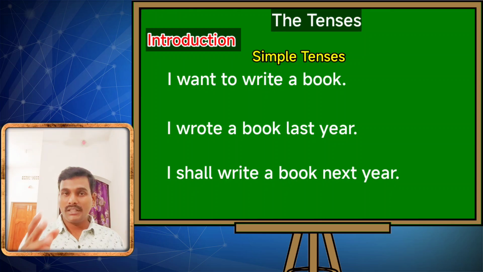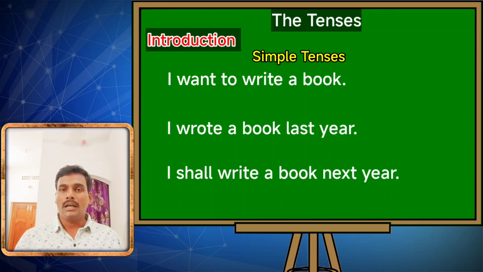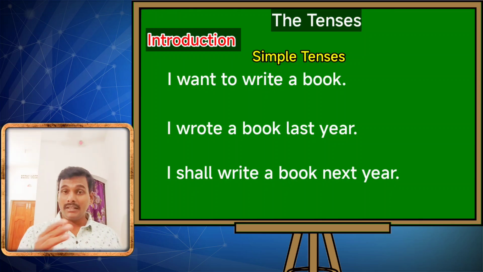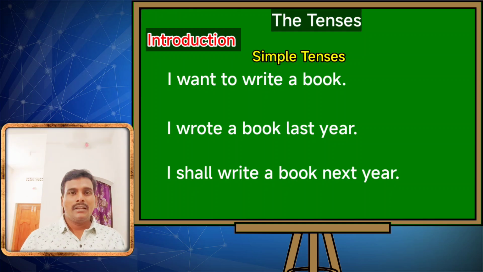In the same way, if you see the second sentence, I wrote a book last year. It is a simple past sentence. It doesn't say exactly when. A year is a period of 365 days, right? It doesn't say exactly when it happened. So it is also an indefinite tense. Also, the third sentence doesn't have any clear time.